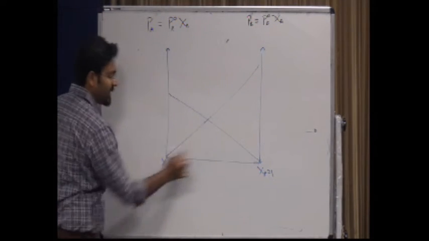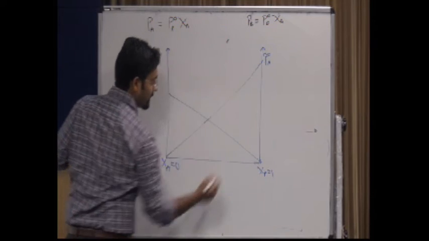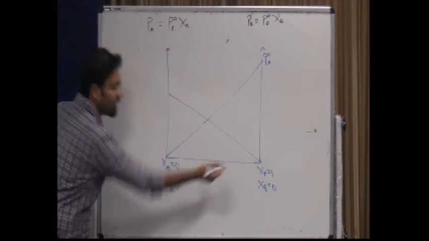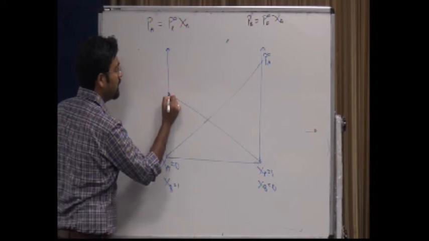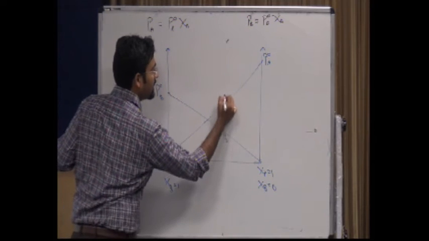So I've taken XA from 0 to 1, so this value will be P naught A. I've taken a reverse graph, XB from 0 to 1, so it's coming from this direction. So this is for the PB. This graph is for PB and this graph is for PA.